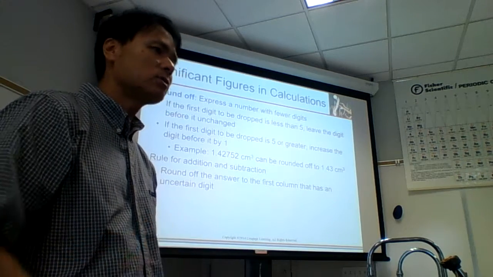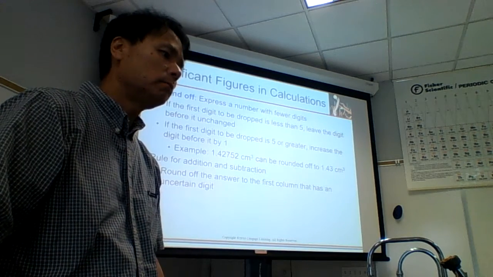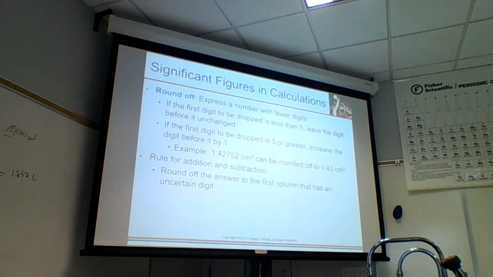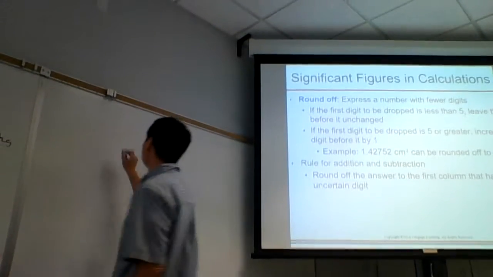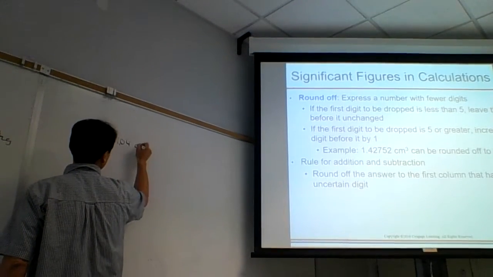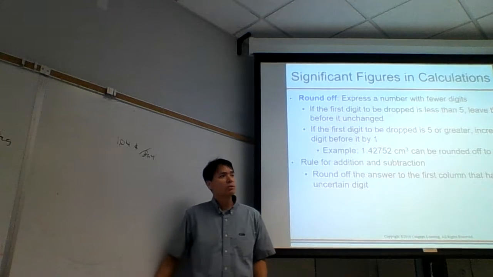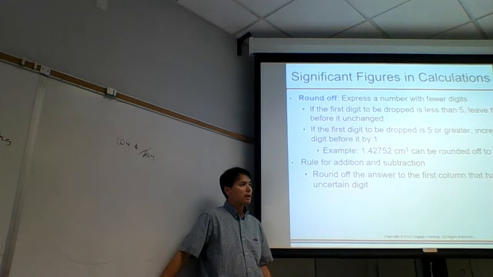Let's say you're supposed to earn interest on your savings account, and you're supposed to earn 1.04 cents per day.